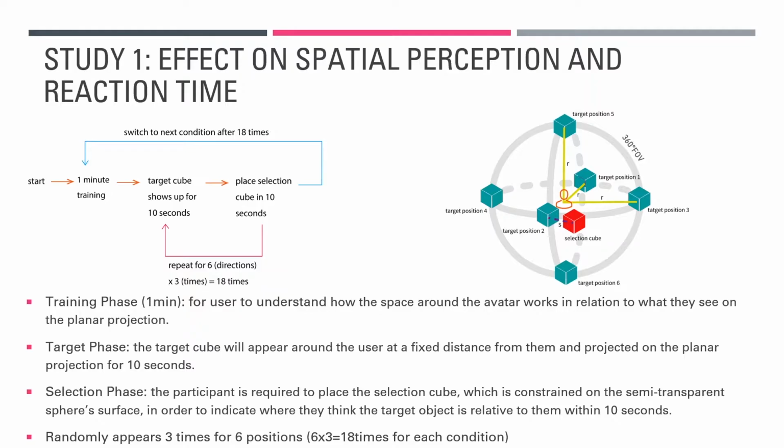Then the target cube randomly appears 3 times for 6 positions, so it is 18 times of target and selection for each condition.